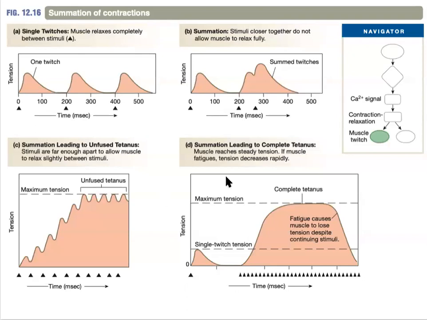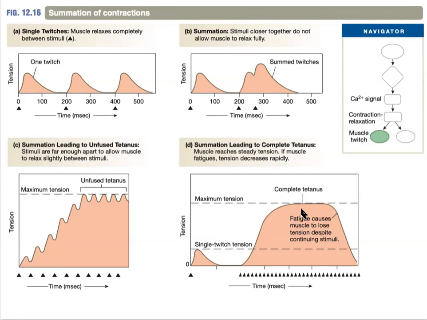And this last part of the graph shows when action potentials continue to stimulate the muscle fiber repeatedly at a high frequency. And so relaxation between the contractions is not allowed to occur. And so here the muscle fiber is able to achieve a state of maximal contraction called the tetanus.